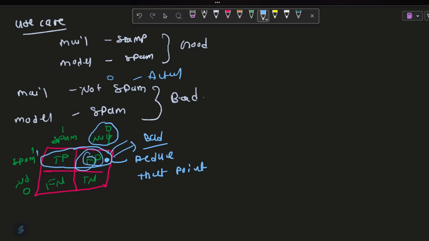But what happens in the recall condition?